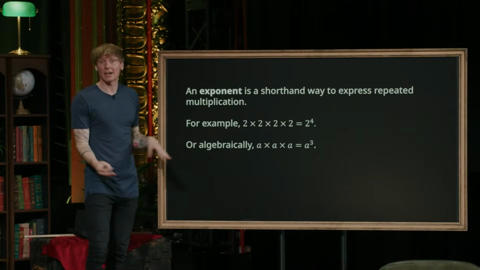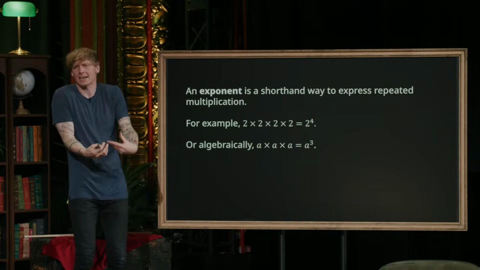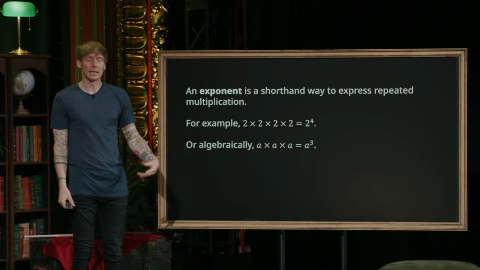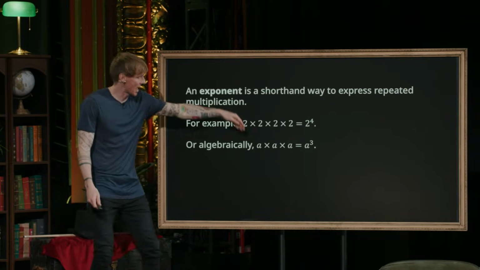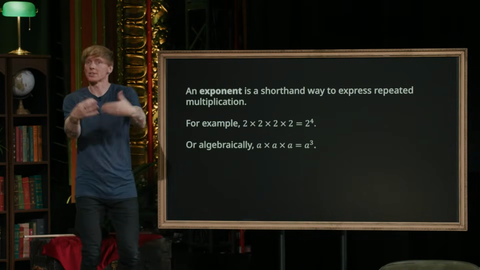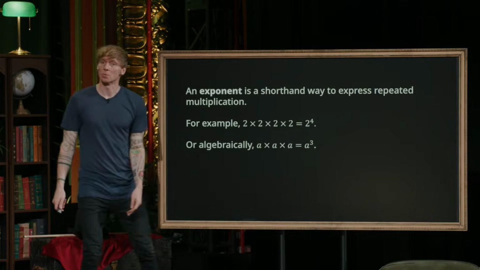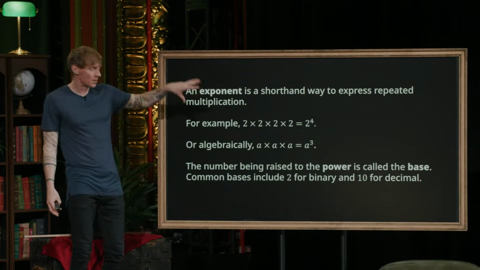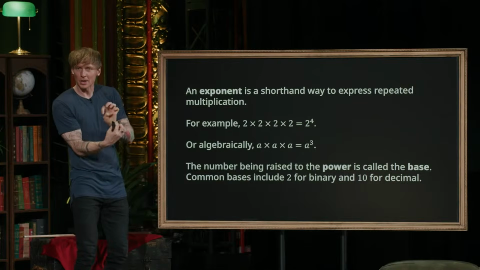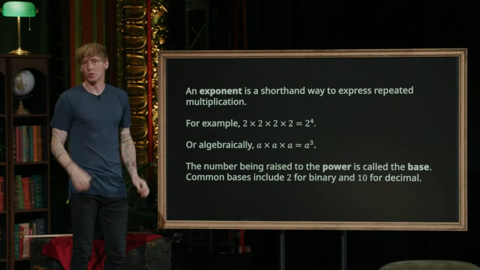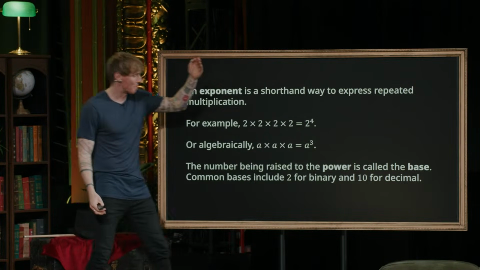We can also do this algebraically, so we don't need to define our base as 2. We can say it's a times a times a, 3 lots of this number or variable a, so that's a cubed. As I said, the number at the bottom, the number being raised to the power, is what we call the base.